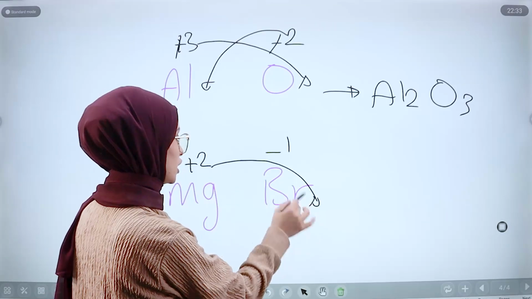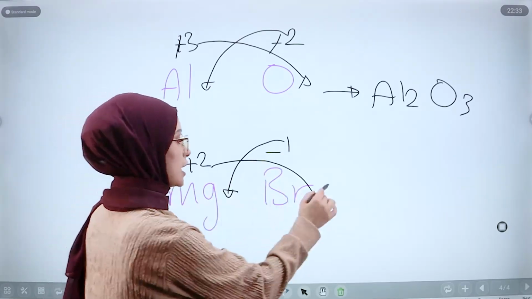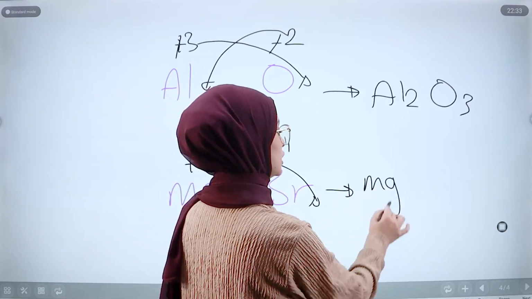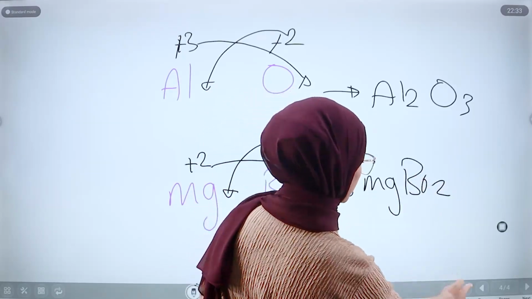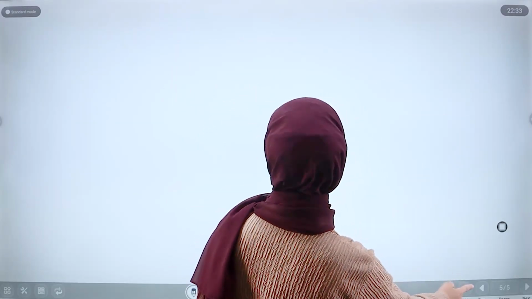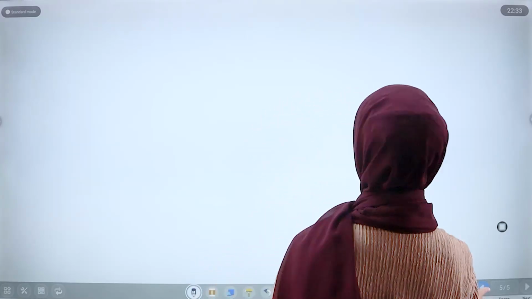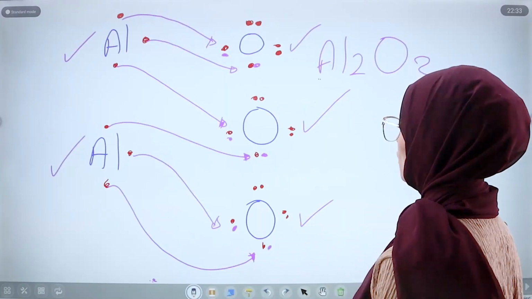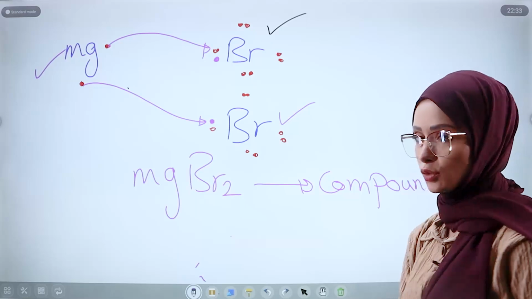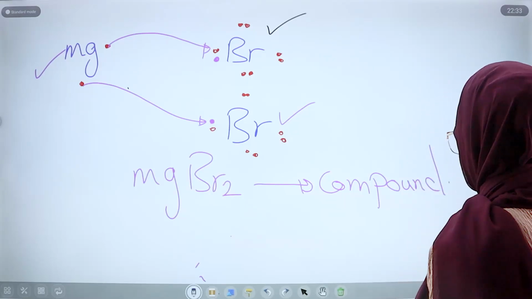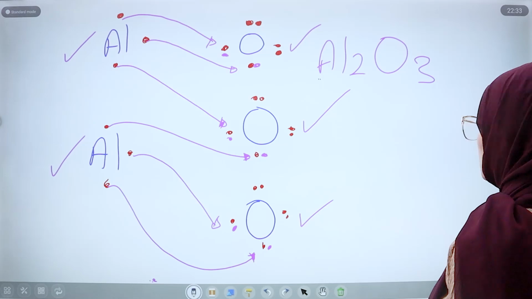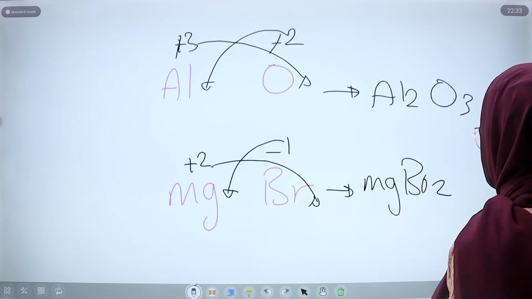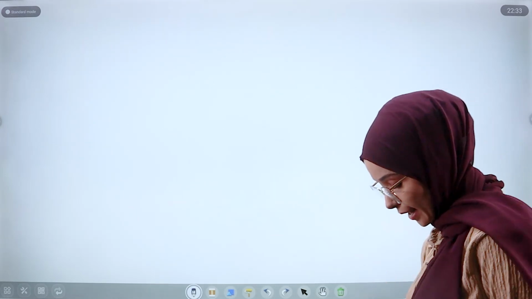The 2 comes here, the 1 comes here, and then I will end with MgBr2, magnesium bromide. And if we go back to the previous one, see, this is our magnesium bromide MgBr2. So now it's easy. It's very easy to use this way in your exam, like a fast or quick way.